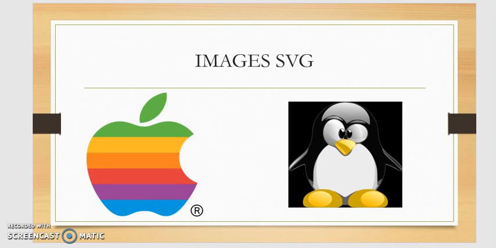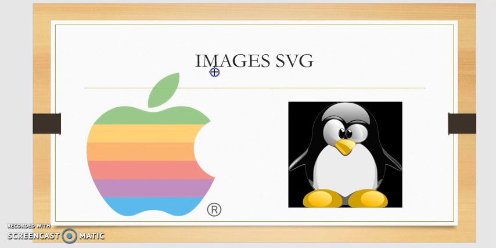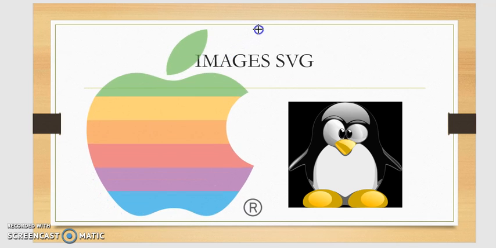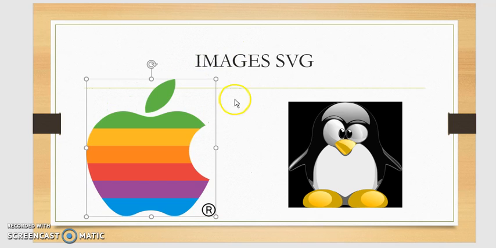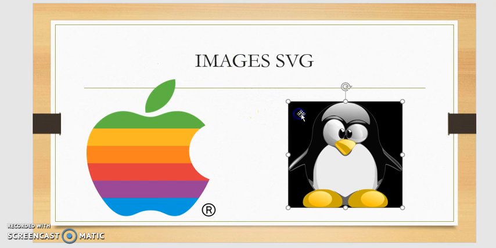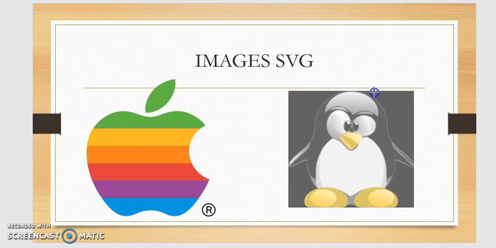Okay, in these slides we have two SVG images. Now, if I increase the size of the images, they don't have any distortion. You can see that.